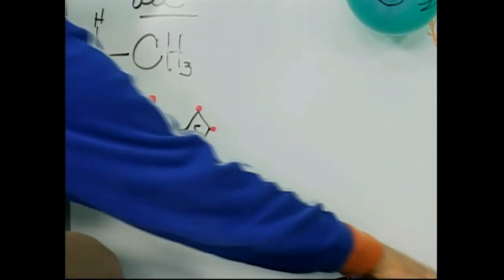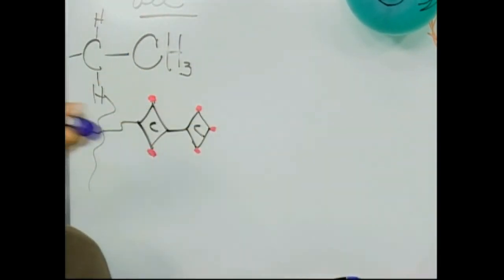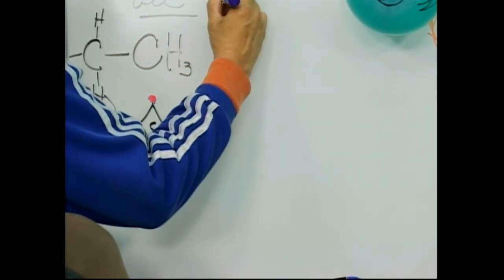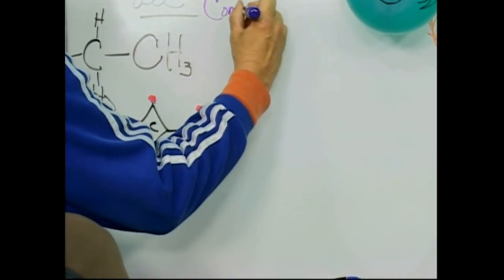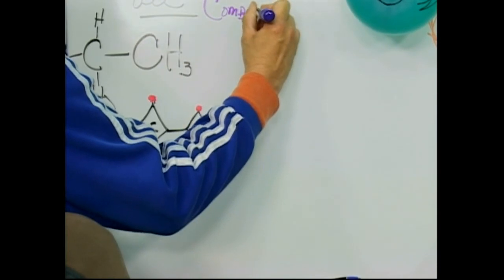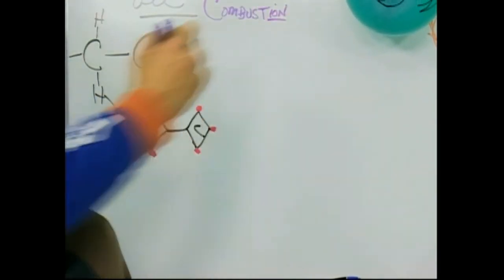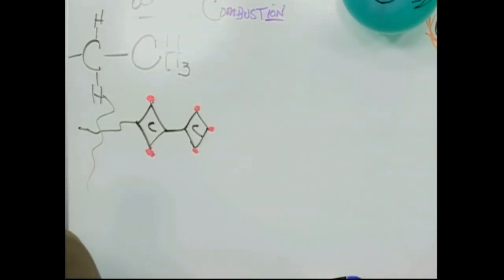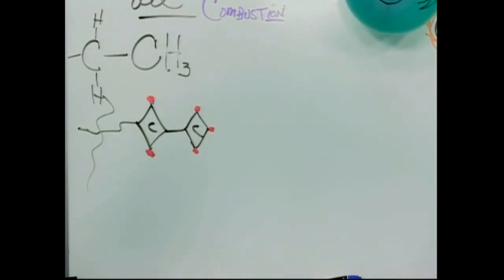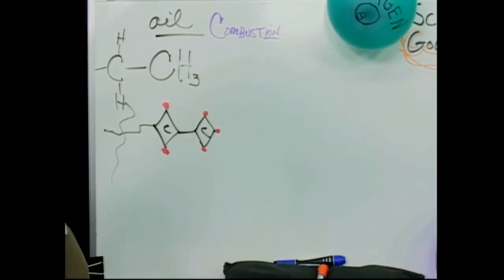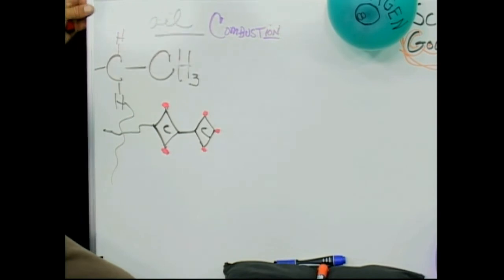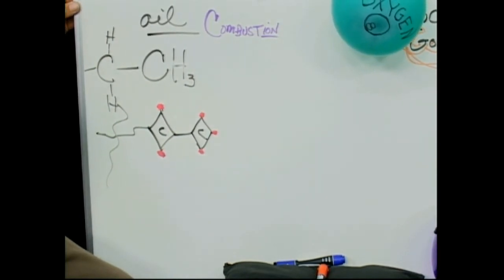We'll write it up here with a different color marker, and we're talking about combustion. Combustion doesn't show up very good there, does it? Back up a little bit here. With the shine, it's not going to show either.